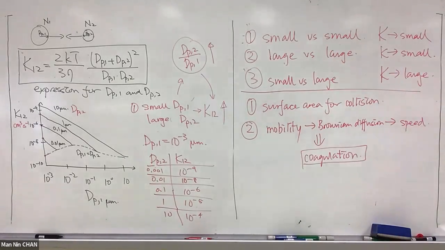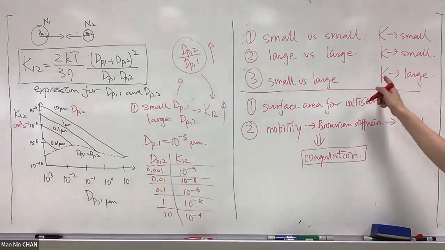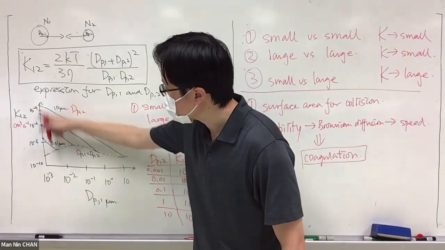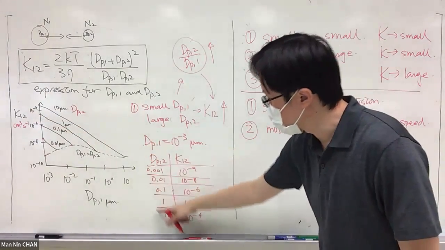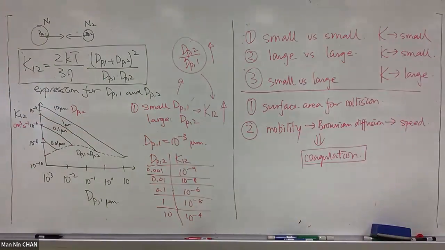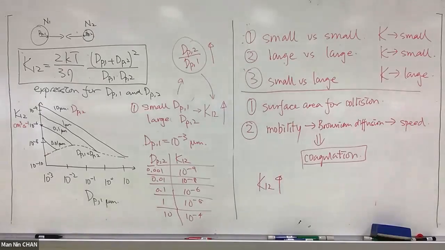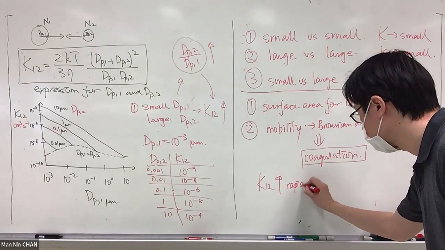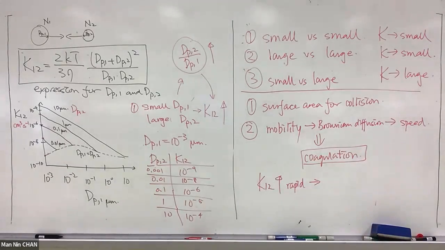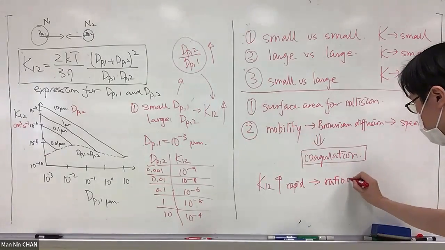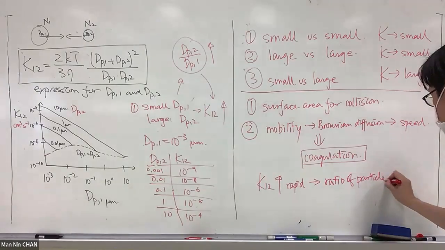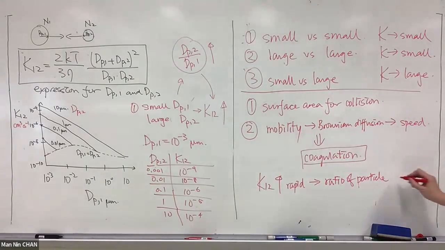And the most important thing, you can also see from this table I just showed you, right? You can find that this coagulation coefficient increases rapidly, like I mentioned, when the ratio of the particle diameters increases.